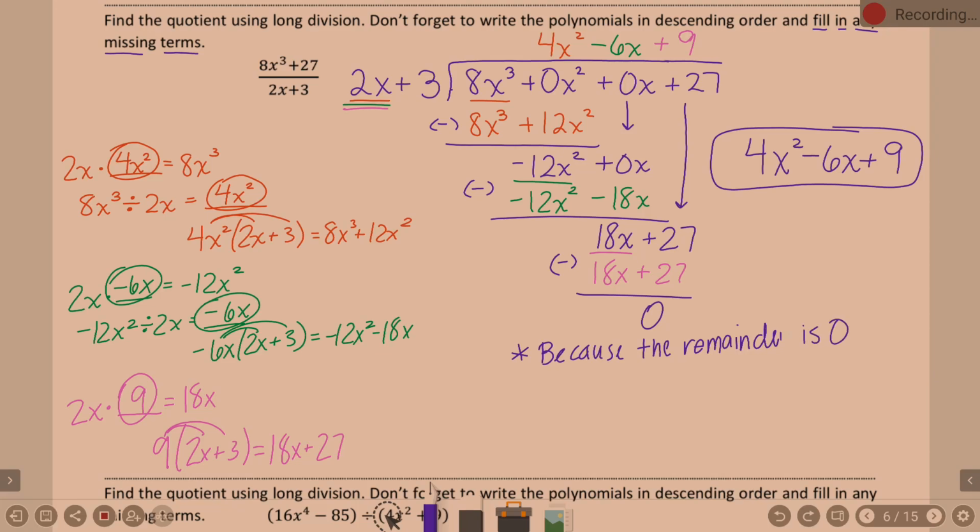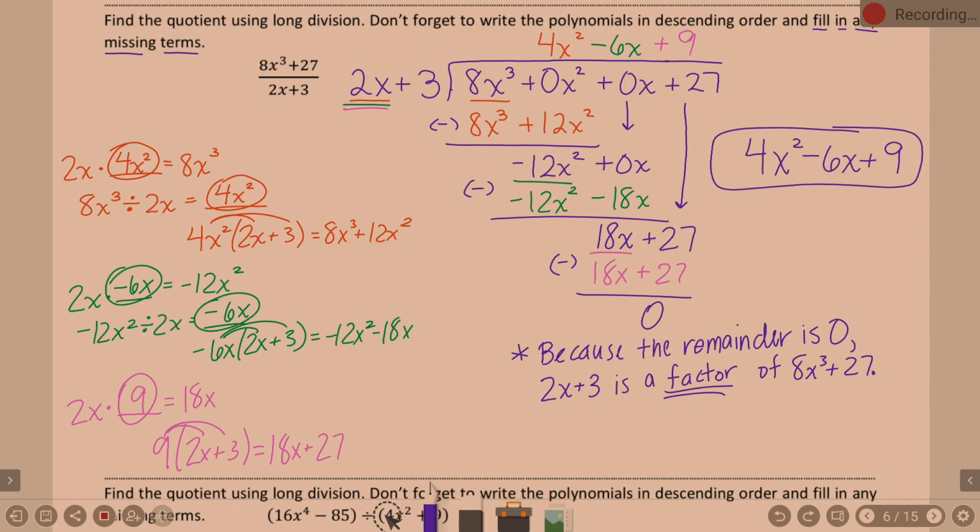Because the remainder is 0, 2x plus 3 is a, what word did I just use? Factor of 8x cubed plus 27. So if you're asked, is this a factor? Is the remainder 0? That's what they're really saying.